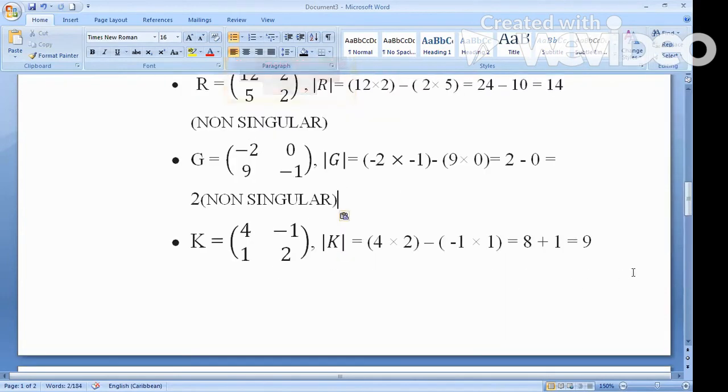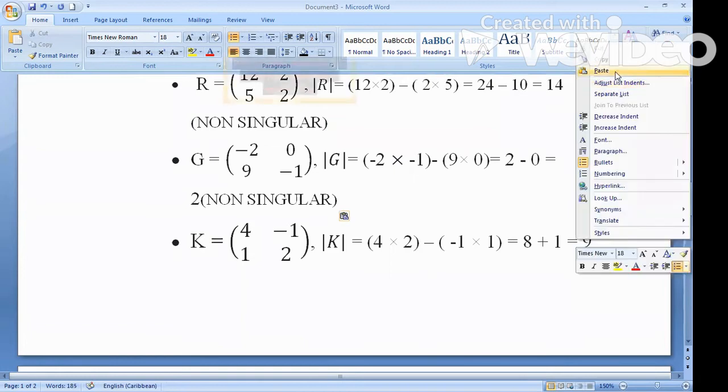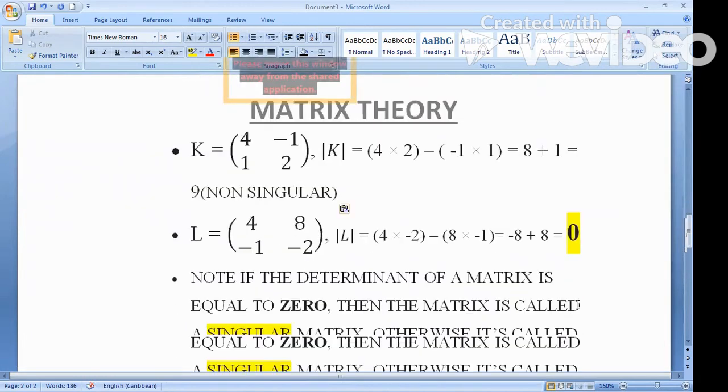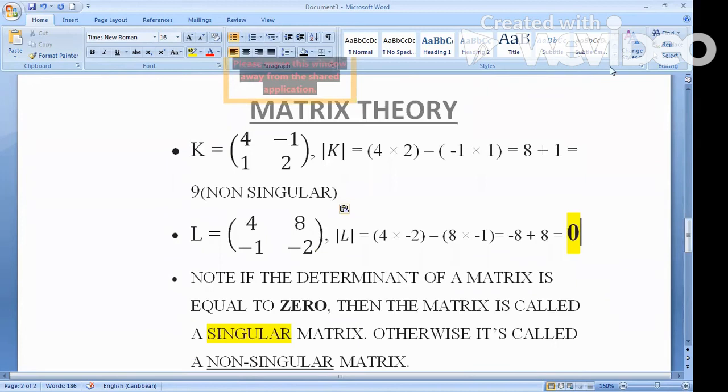Non-singular. This one is also non-singular. But this one is what?